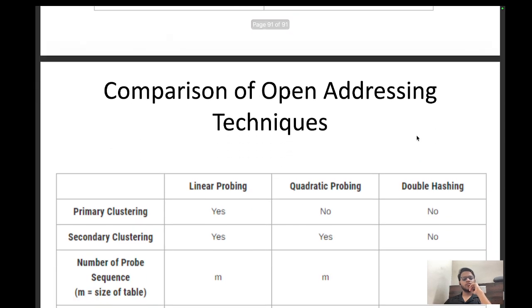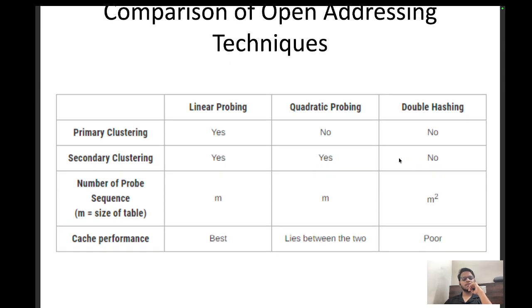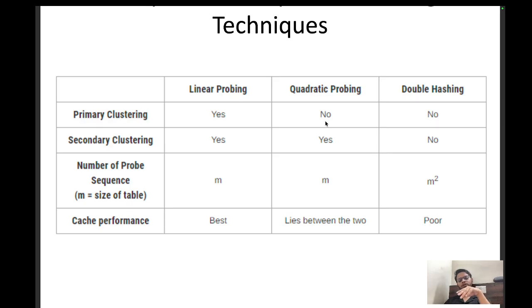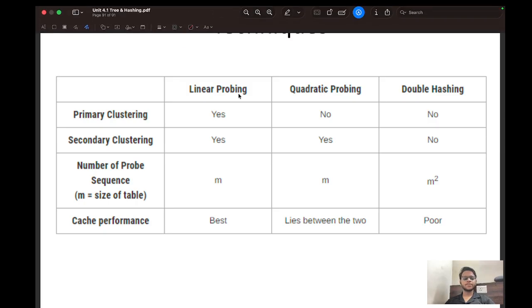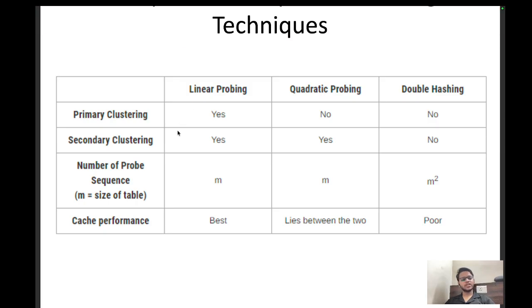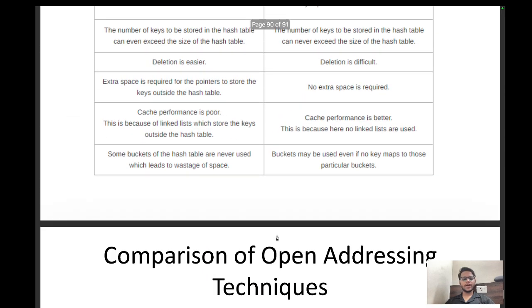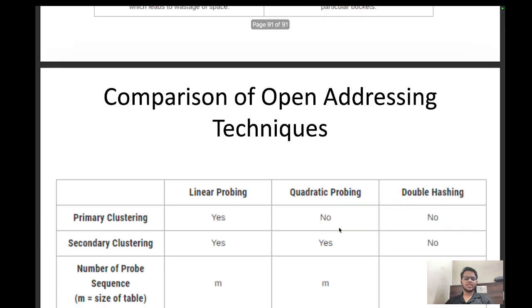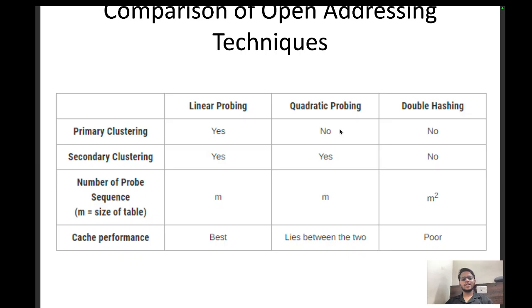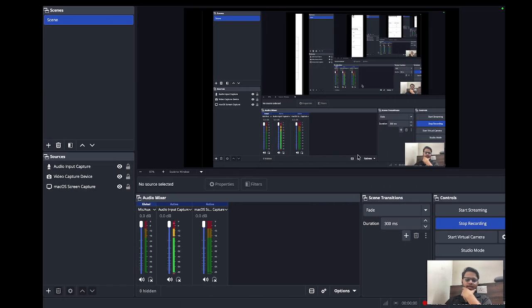The comparison of open addressing techniques has been given here: linear probing, quadratic probing, double hashing. They have been compared on different parameters: primary clustering, secondary clustering, number of probes, and cache performance. So that was all for this lecture, and we will see you again tomorrow.